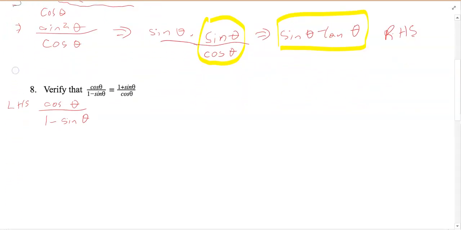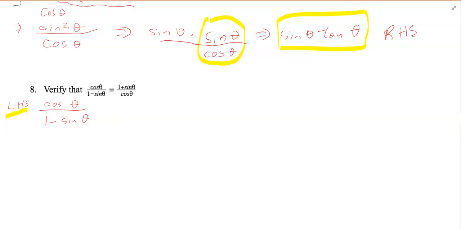Let's verify that cosine theta over 1 minus sine theta is equal to 1 plus sine theta over cosine theta. Again, let's start with our left-hand side, which is cosine theta over 1 minus sine theta, and do some manipulations to try to get to the right-hand side. What we can do with this is just multiply by the conjugate of the denominator.